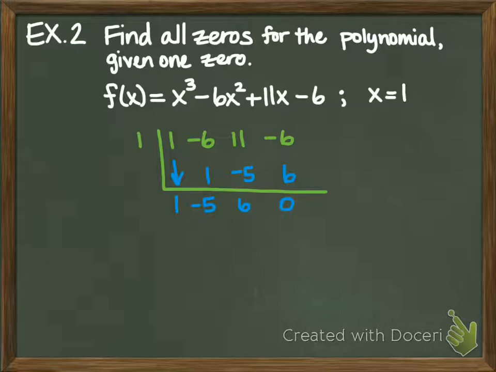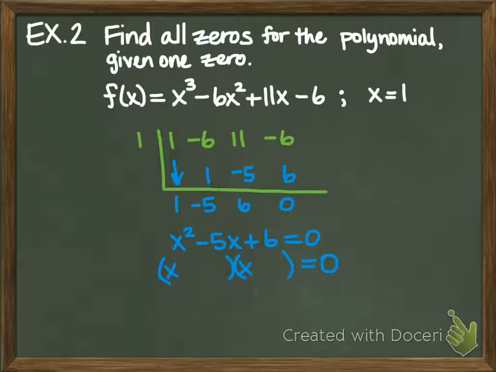So what we could do is continue using synthetic division if I knew some other possibilities. Also, for this problem, this is the same as x squared minus 5x plus 6. And I could try to factor and see what works for this equation. If I try to factor this, I know that x times x equals x squared.